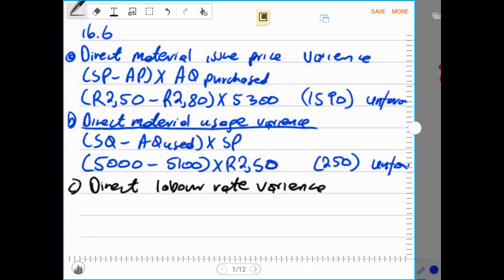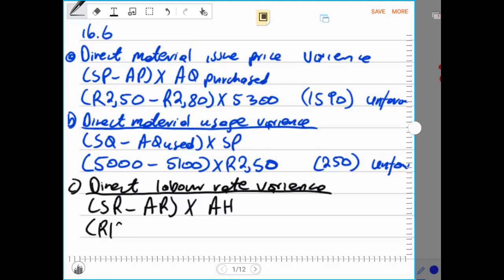This direct labor rate variance is the standard rate minus the actual rate times the actual hours. Our standard rate of labor was 12 Rand, our actual rate was 11 Rand, and our actual hours was 320.